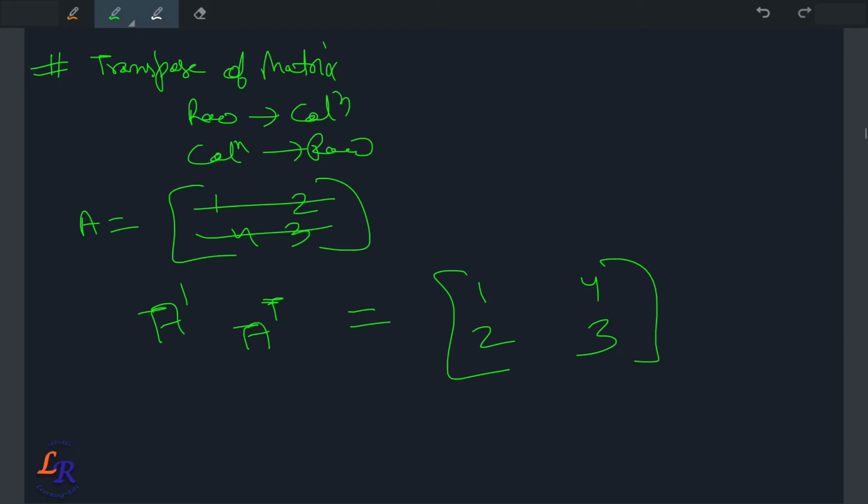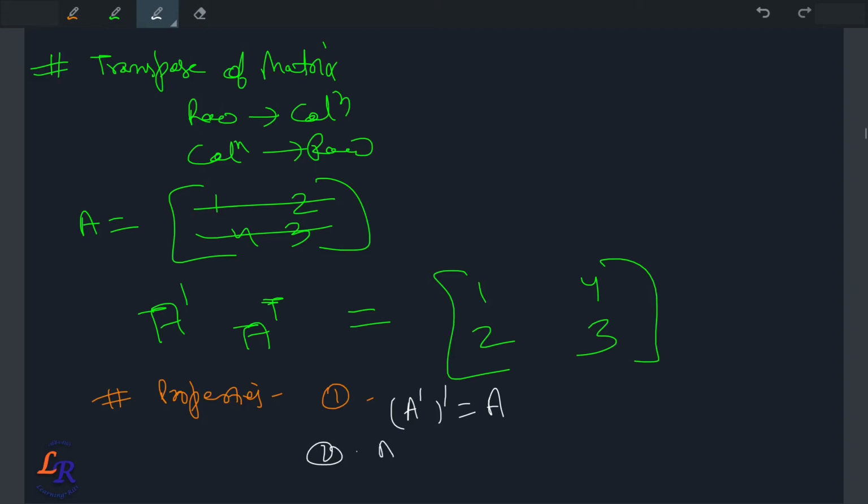And we have seen some very good properties related to the transpose of a matrix. The first one: the transpose of a transpose is the same matrix.